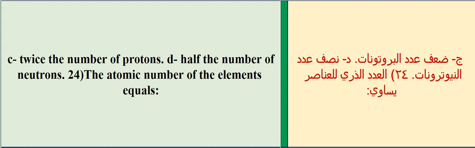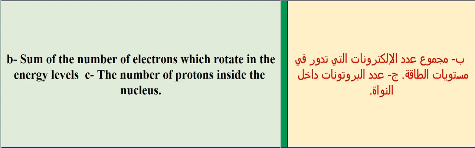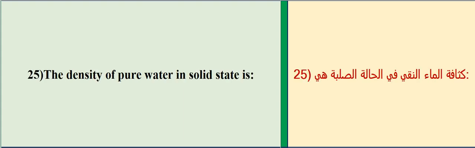24. The atomic number of the elements equals A. The sum of neutron numbers inside the nucleus. B. Sum of the number of electrons which rotate in the energy levels. C. The number of protons inside the nucleus. D, B and C are correct. 25.